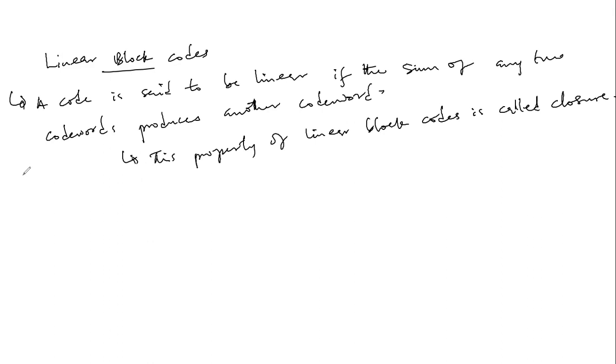So let us consider message bits m, taking on values m0, m1, all the way to mk minus 1, and then parity bits b, for instance, taking on values from b0, b1, all the way to bn minus k minus 1.